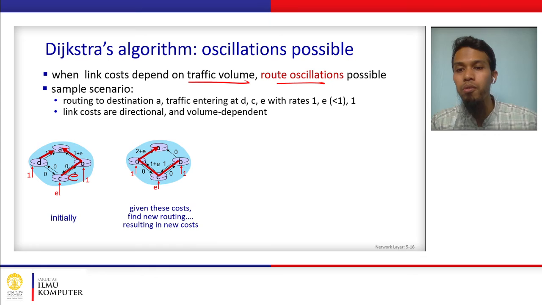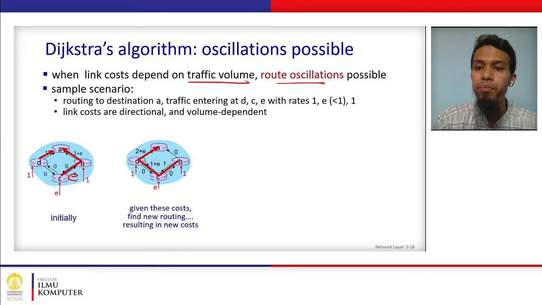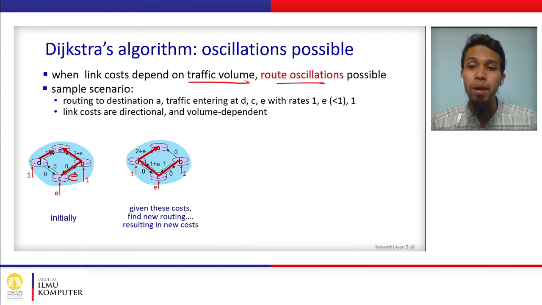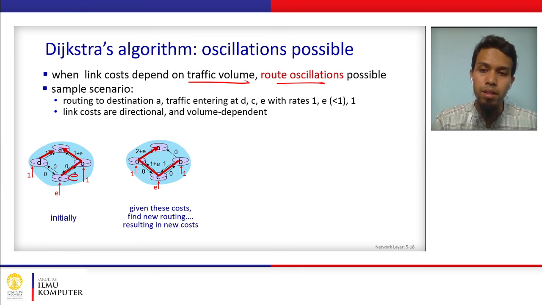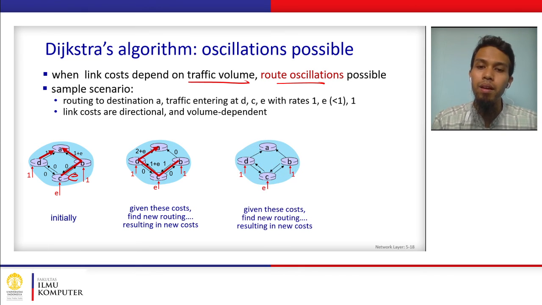Now if we take a look at this, the traffic in the opposite direction from D to C to B and to A becomes 0, because practically there is no traffic going in this opposite direction. So in the next iteration, nodes D, B and C might reconsider their routing decision, so it goes to the opposite direction.